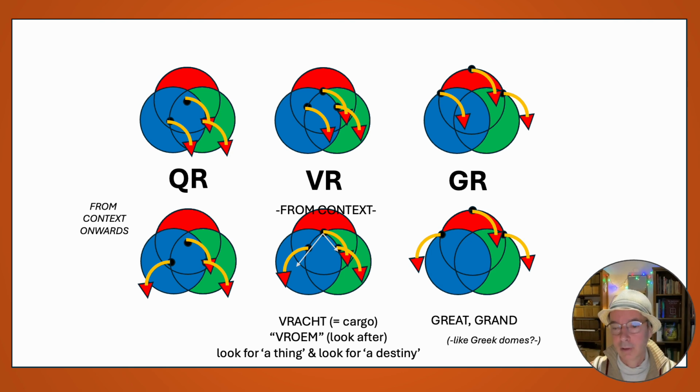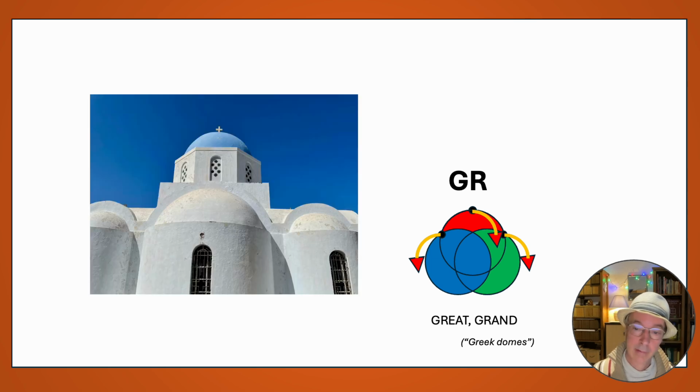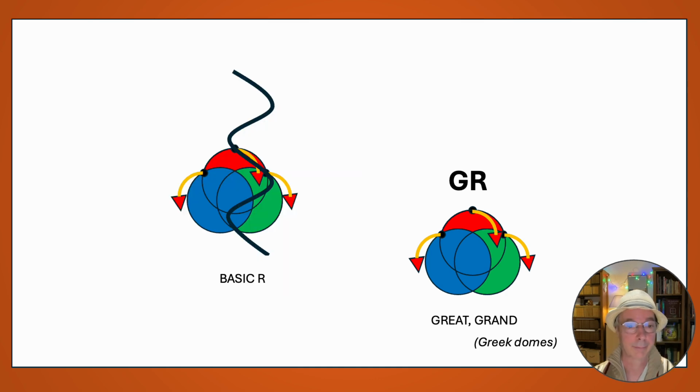So with the grr in the 2 directions, it makes even more sense, and you will also sense how well it then fits with great or grand better. It even reminds me of Greek domes, but that's another matter.